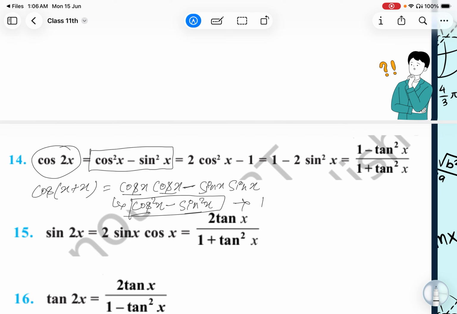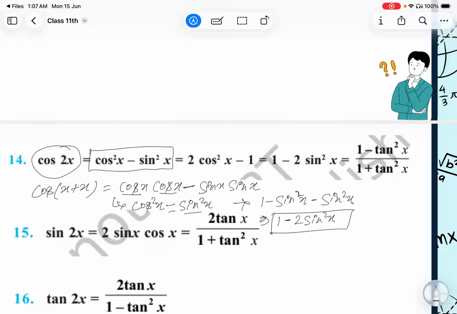Now we can write cos square x equal to 1 minus sin square x, and with this negative sign, minus sin square x. So it will be 1 minus, minus, plus 2 sin square x. Okay, so 1 minus 2 sin square x. This is also proved.